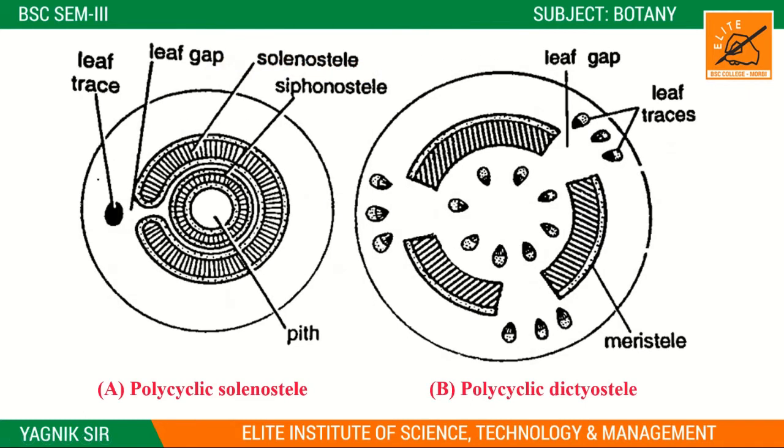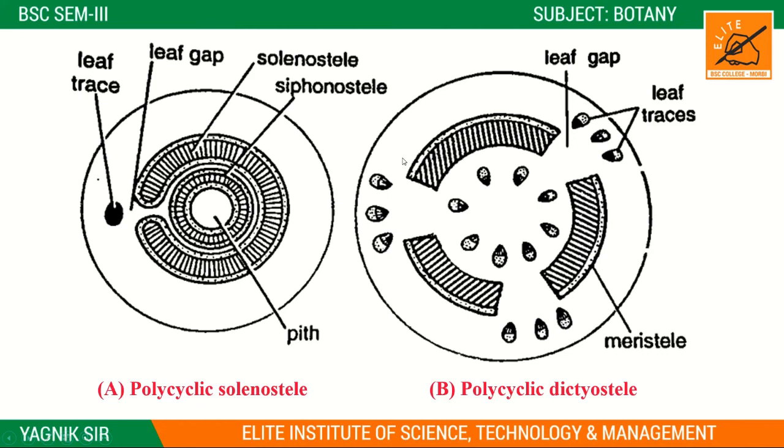So this is the difference between polycyclic solenostele and polycyclic dictyostele, with some similarities and some differences. Here many leaf traces and leaf gaps are present in this type, right?